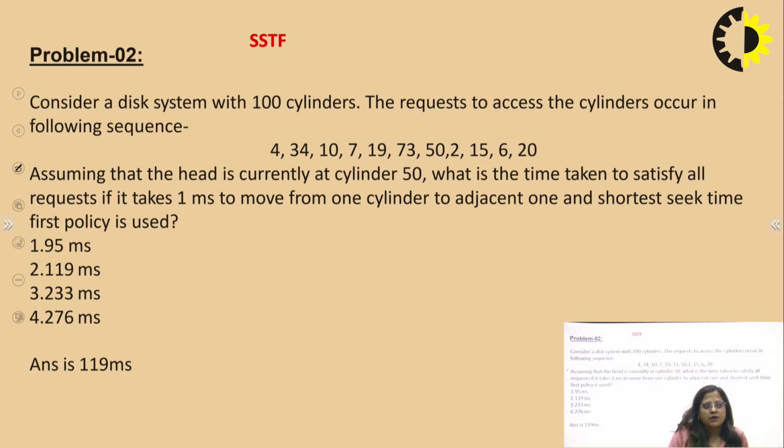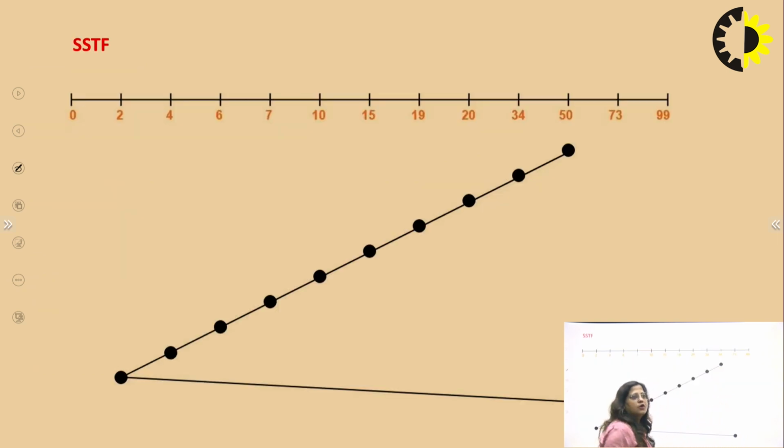So first of all create your disk as sectors from 0 to 99, okay. So the start point is 0, the end point is 99, and the in-between points are given in the question, and your read write head is present on 50.